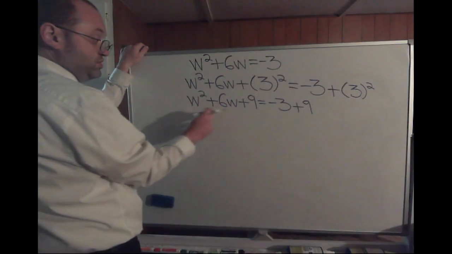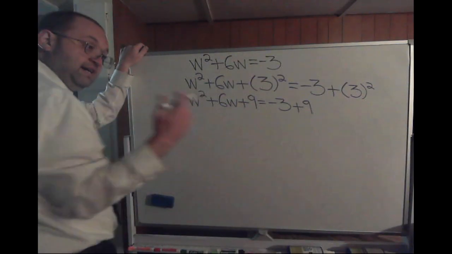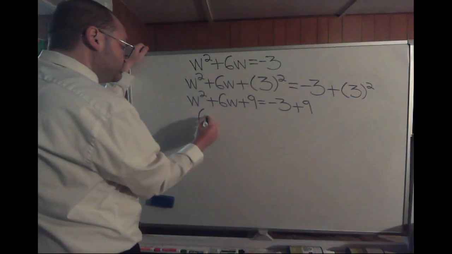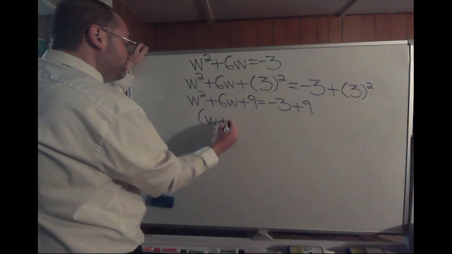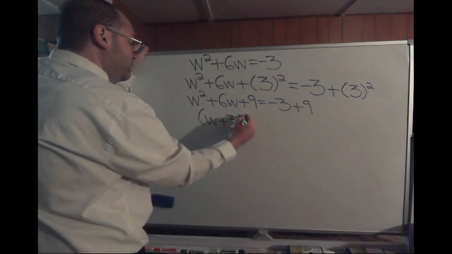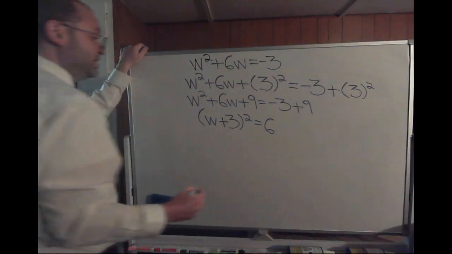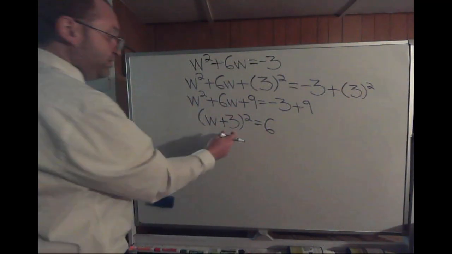So this w squared plus 6w plus 9 is now a perfect square trinomial. This will factor into a binomial square of w plus 3. That quantity squared, that's going to equal 6. Now all I have to do is take the square root of both sides.